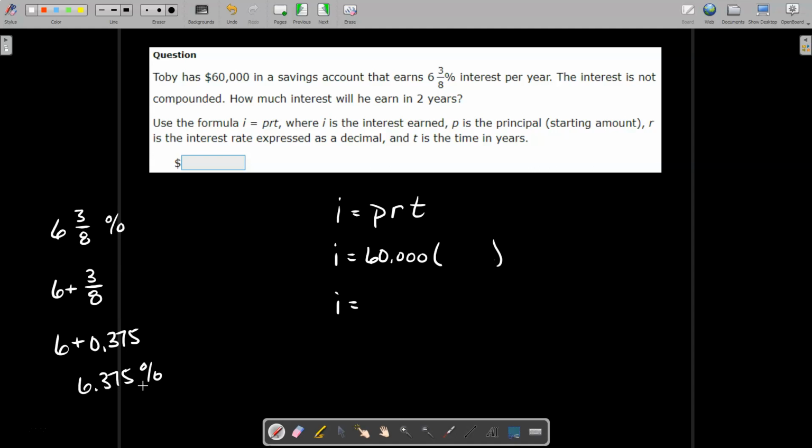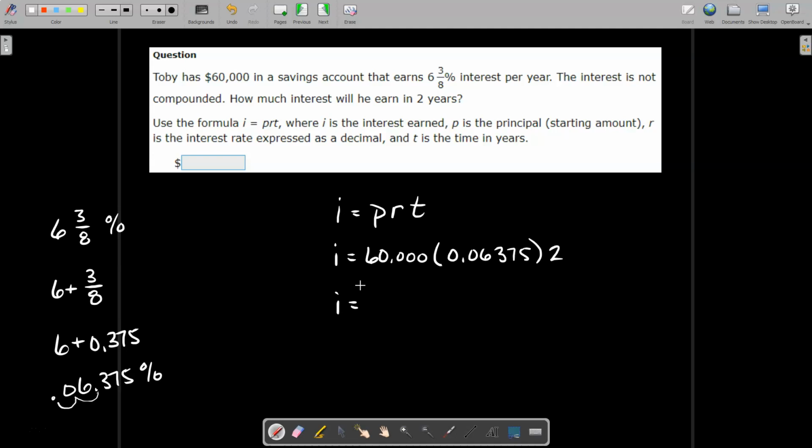But remember, this is a percent, so we still need to move that decimal over 2 places, 1, 2, put a decimal in there and a 0 there, and I'm probably going to have to go ahead and move my parenthesis a little bit, because we're going to end up with 0.06375, kind of a long number there. But still we converted the mixed number to a decimal number, 6.375, and then converted the percentage to a decimal number so that we could have it here by moving the decimal 2 places to the left. And now let's do time, 2 years.